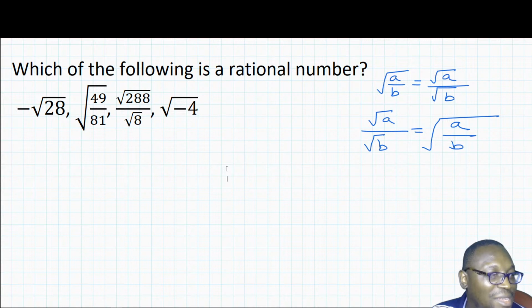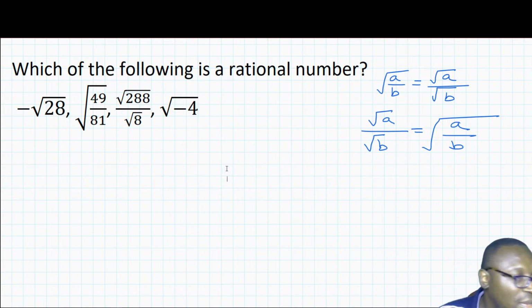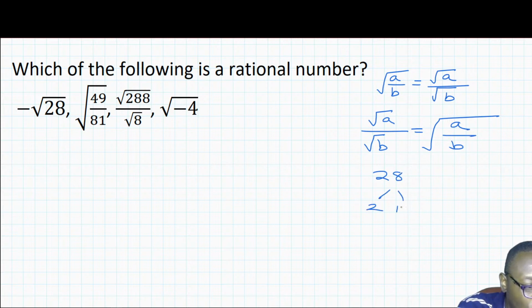So let's try to simplify each of these ones, and then you will see how to come up with your answer. So the negative square root of 28. We want to find the square root of 28. So let's create our factor trees. 28, we have 2 and 14, and 14 we have 2 and 7.